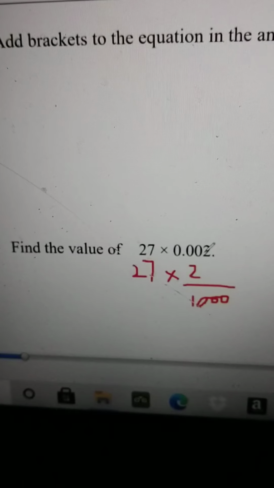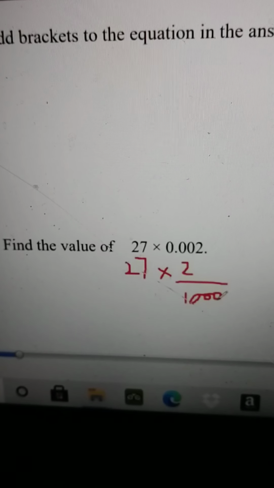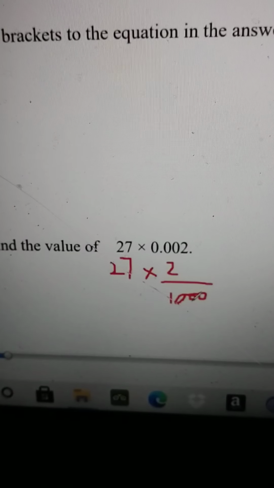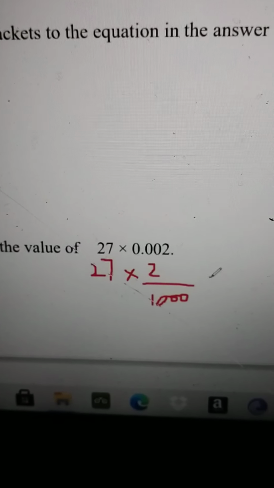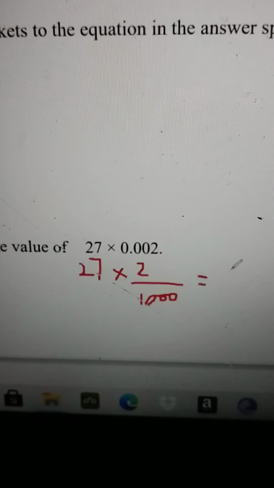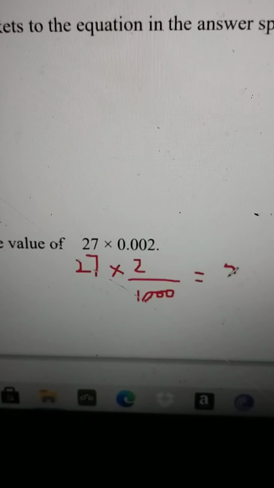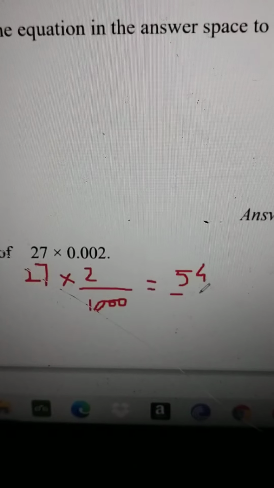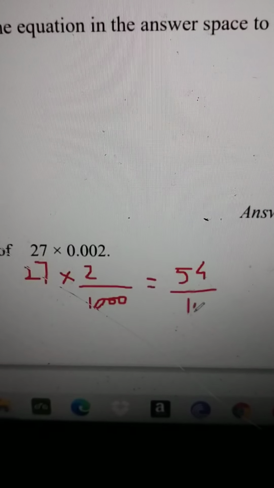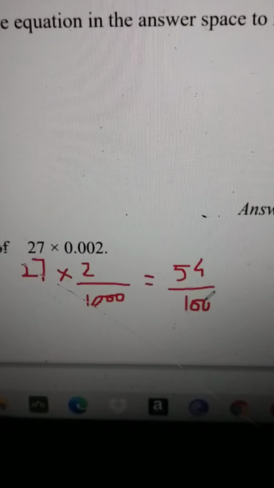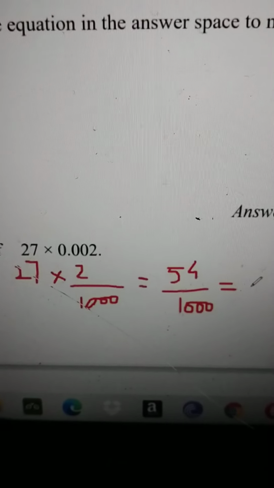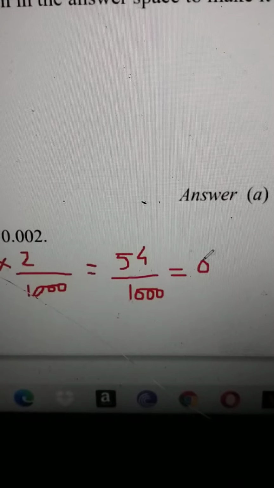There are 3 digits after the decimal point, so I have added 3 zeros in the denominator. So this is 27 into 2 upon 1000. Don't cut anything. 27 into 2 will be 54 upon 1000, and now you can easily write 0.054.